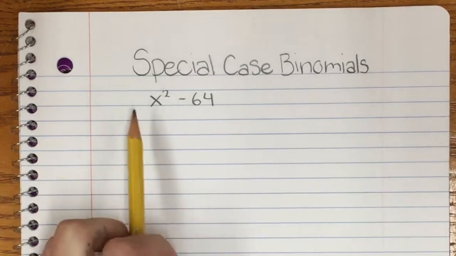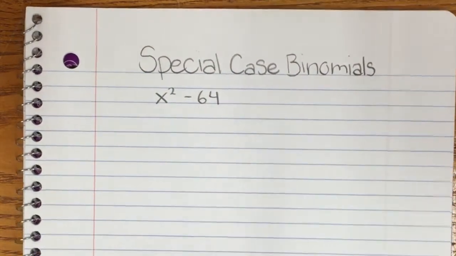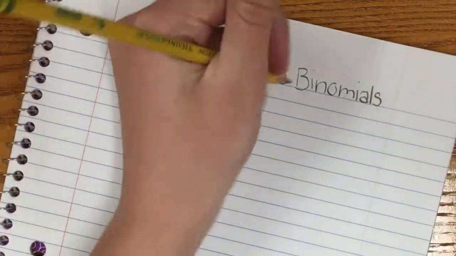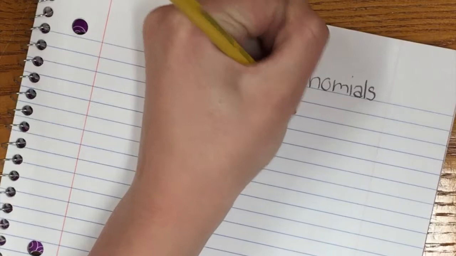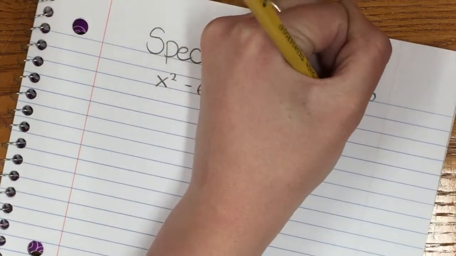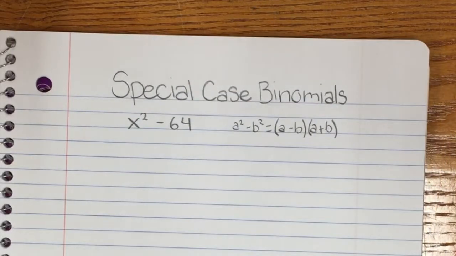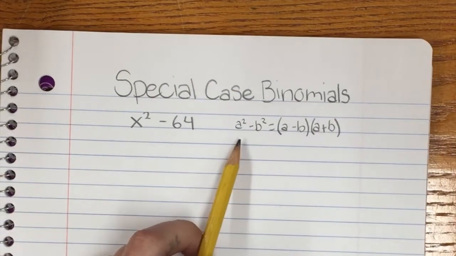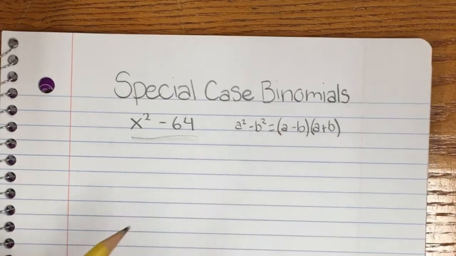We're going to start with a very simple special case binomial. The equation is x squared minus 64. So using the formula a squared minus b squared equals a minus b times a plus b, we're going to factor out the expression. So if this is a squared minus b squared, then I'm just going to factor it out like that.